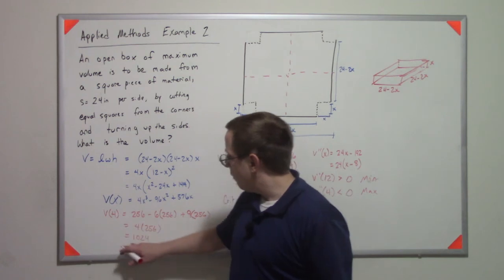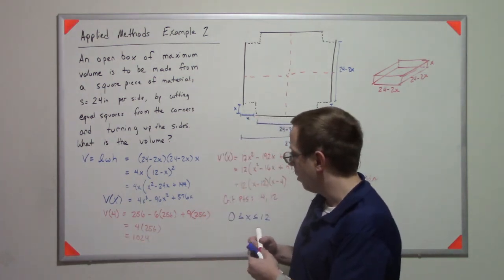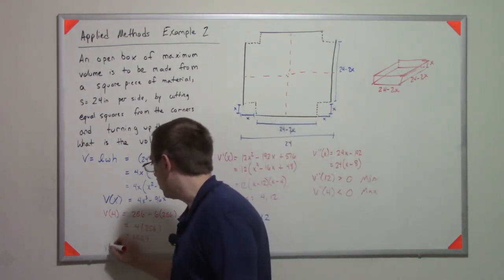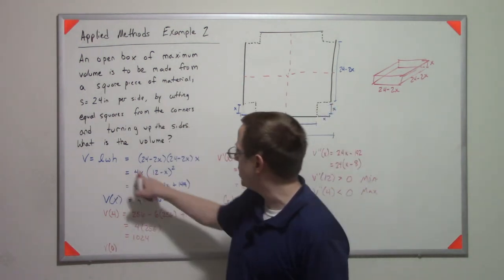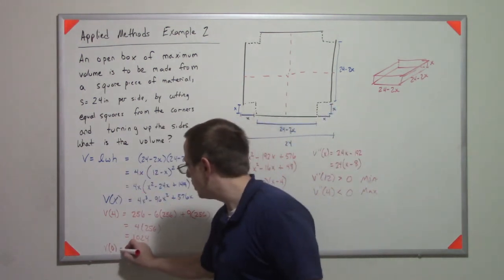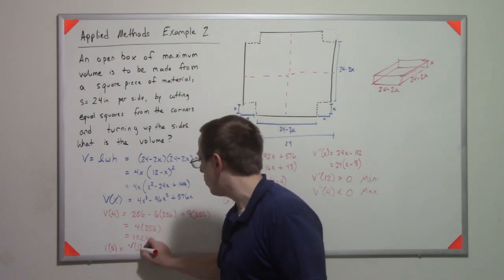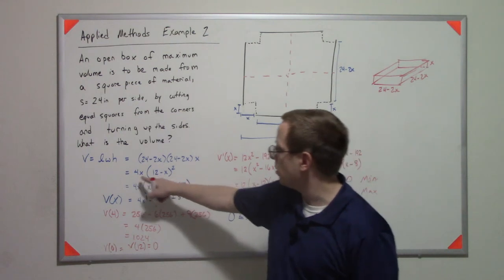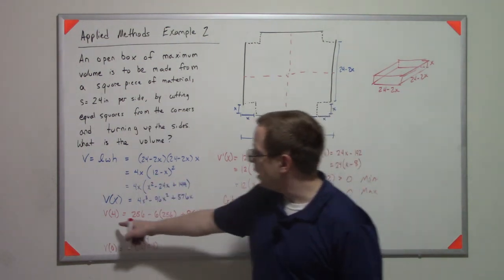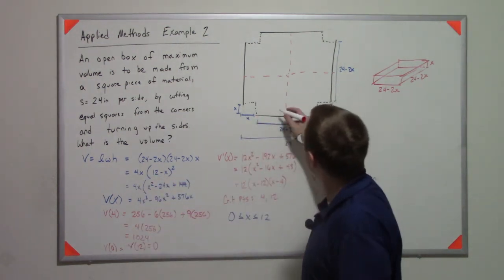So V of 4 is 1024, but if I plug in my endpoints for my domain, if I plug in 0 to this, I get the same thing as if I plugged in 12, because if I plug in 12, that's also 0. So what that tells me is a cut of 4 inches.